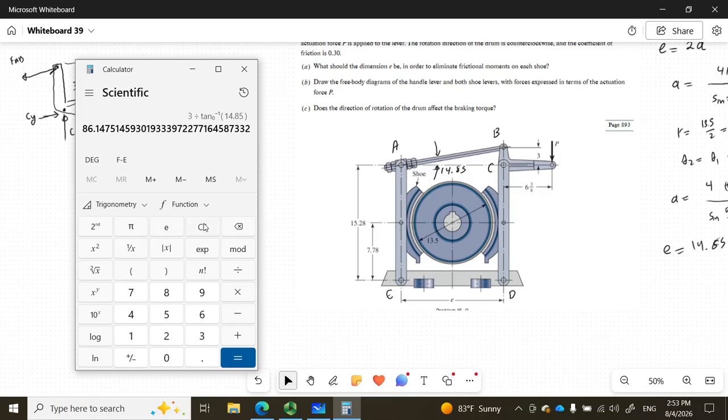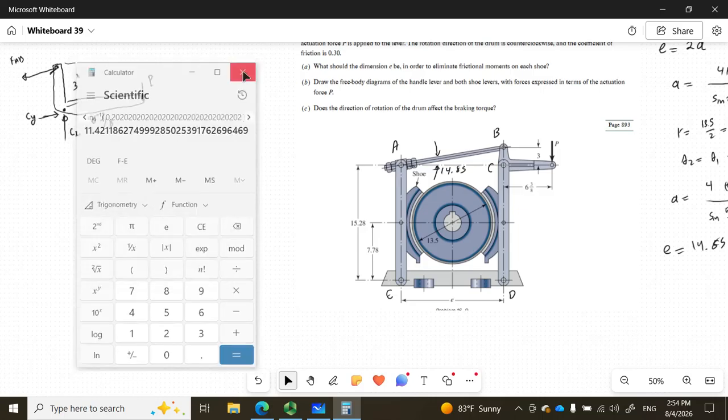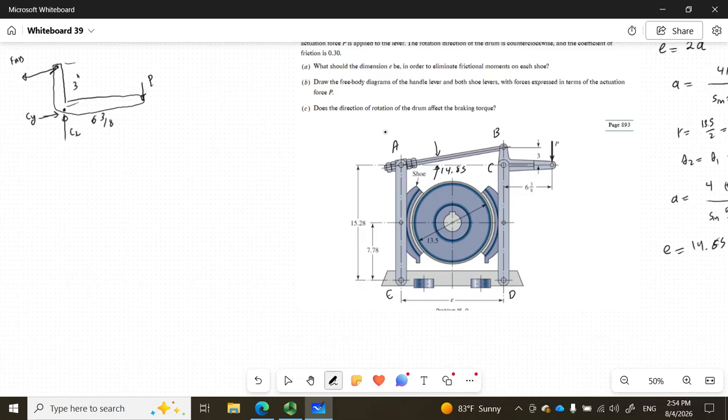So arctangent of that, 11.4. This angle is 11.4. Okay, so let's write the equations of equilibrium.